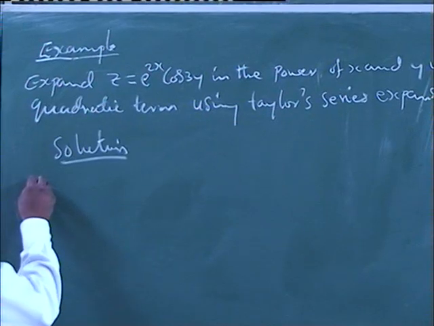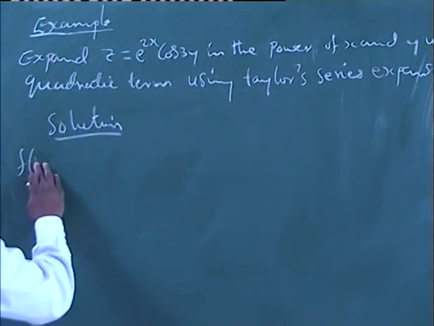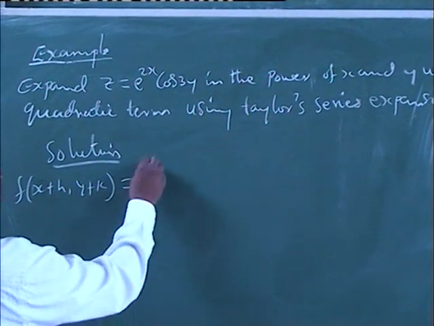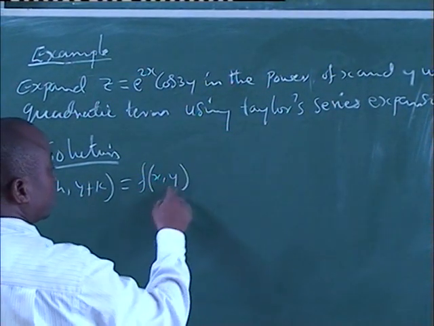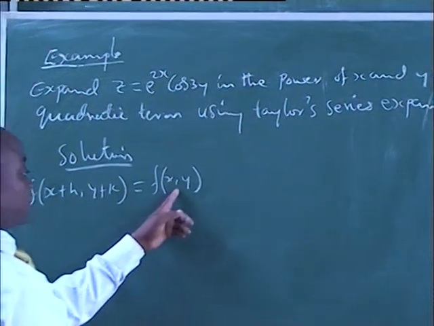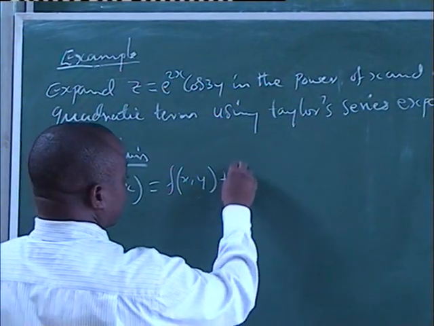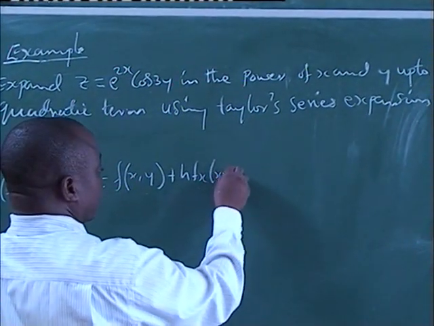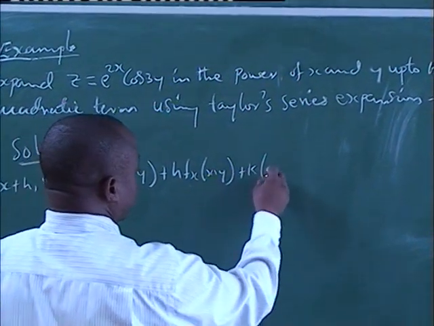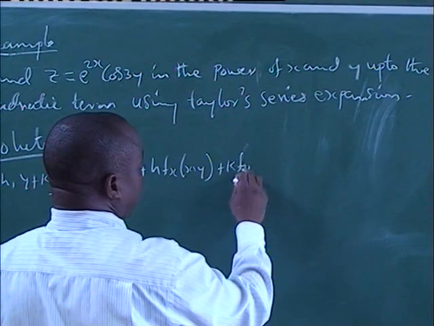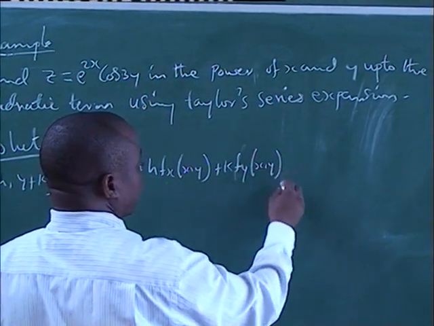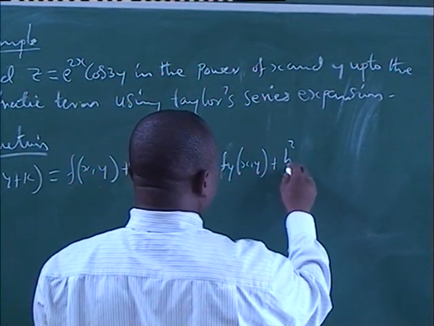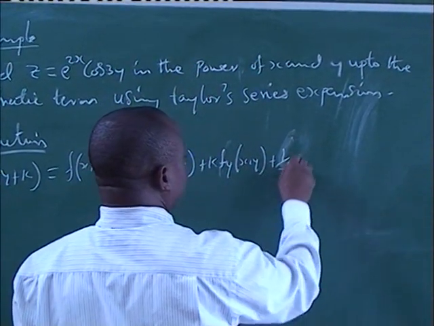We know that for any f of x plus h and y plus k, we will have f of x, y plus h partial f partial x of x, y plus k partial f partial y of x, y plus h squared over 2 factorial.